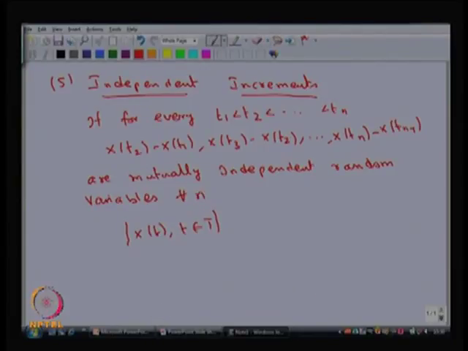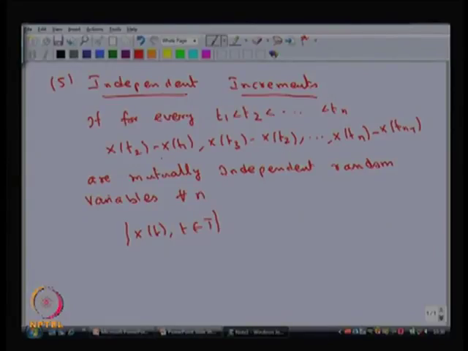So, whenever you take a few t's, t1, t2, tn, and the increments, that is x of t2 minus x of t1, like that till x of tn minus x of tn minus 1. These are all going to be the increments, and each one is a random variable. Therefore, the increment is also a random variable, and you have n such random variables.